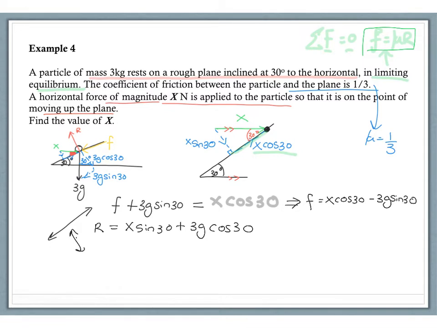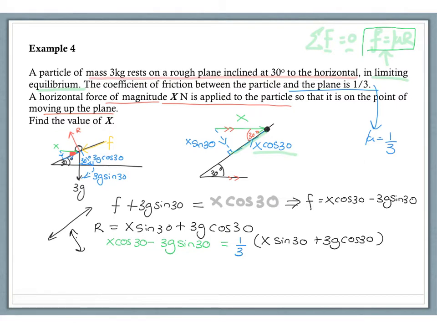So that tells me that x cos 30 minus 3g sine 30, which is F, is equal to mu, which we know is a third, multiplied by R, which is x sine 30 plus 3g cos 30.